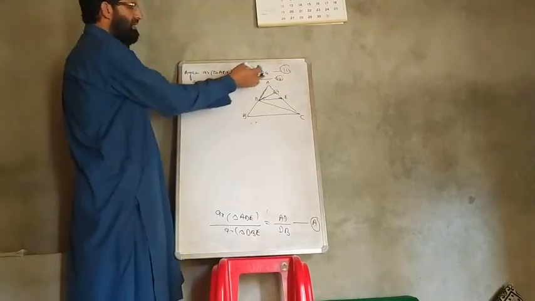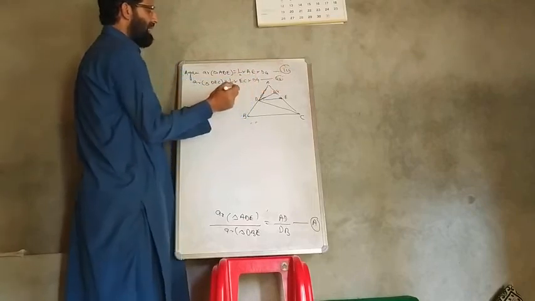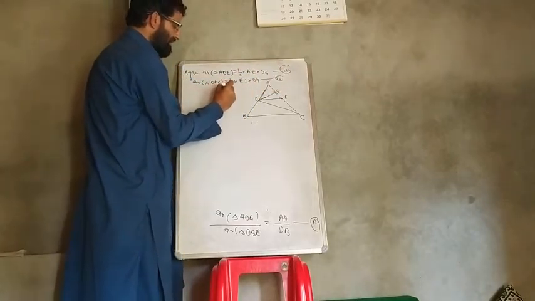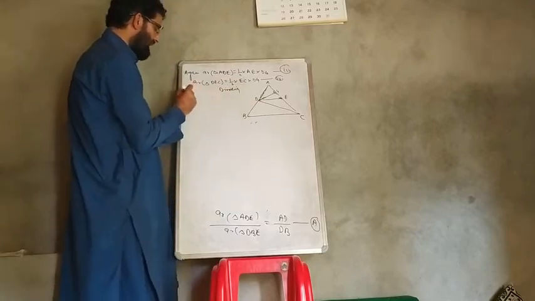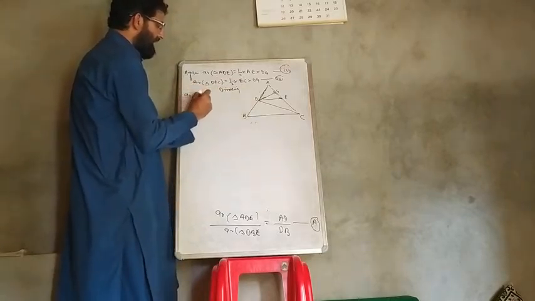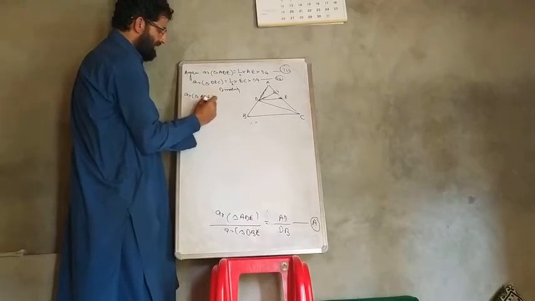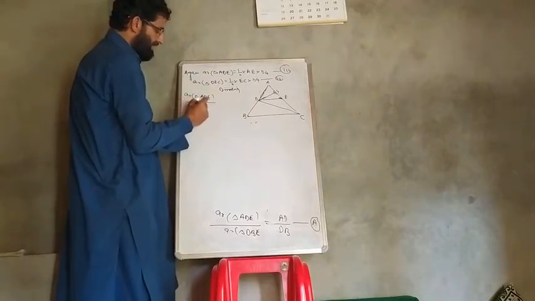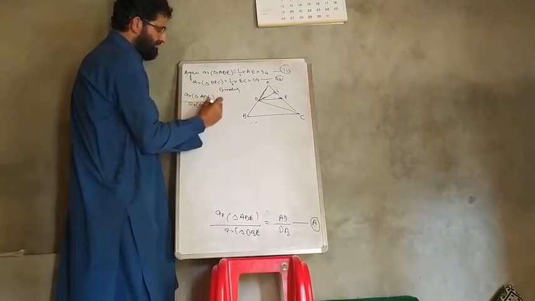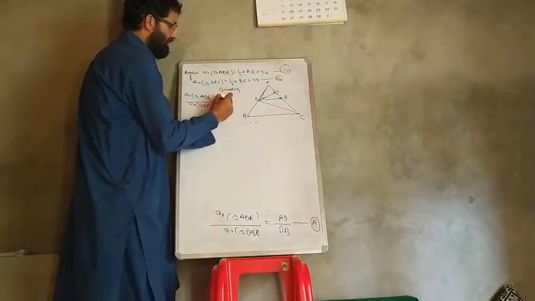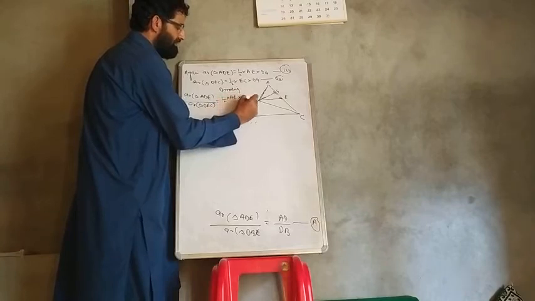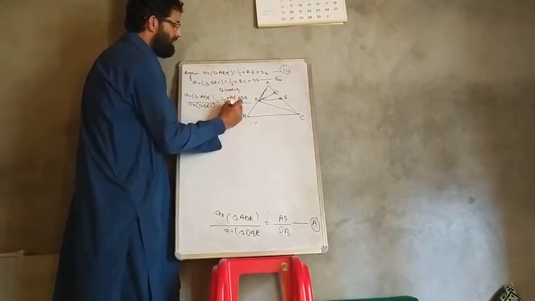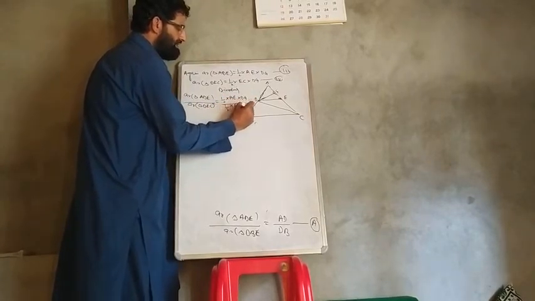Now again dividing 3rd by 4th, we get area of triangle ADE divided by area of triangle DEC is equal to 1 by 2 into AE into DG divided by 1 by 2 into EC into DG.